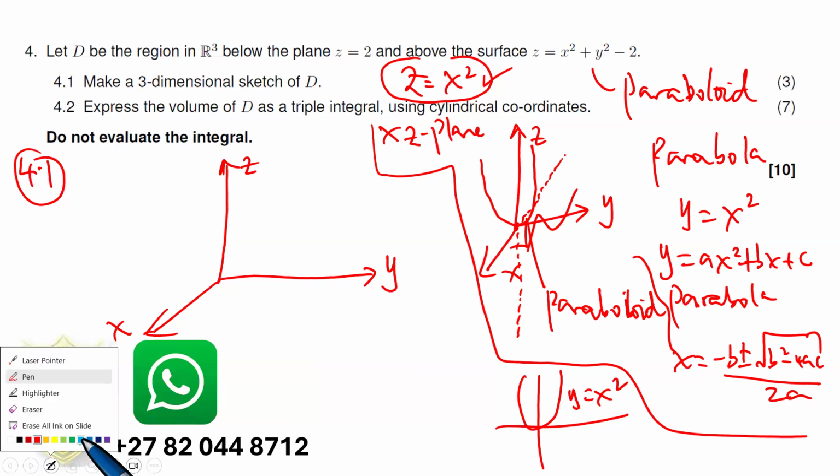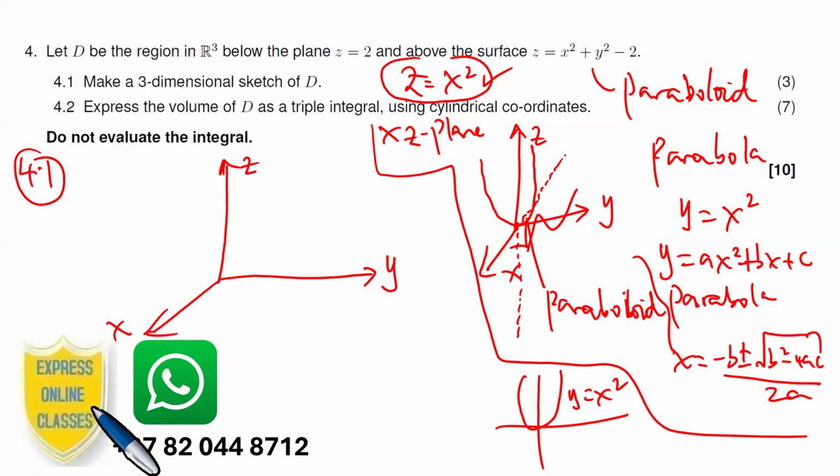Right. So, well, now, obviously, if we look at the equation, Z is x squared plus y squared minus 2. So when these are both 0, then Z is minus 2.